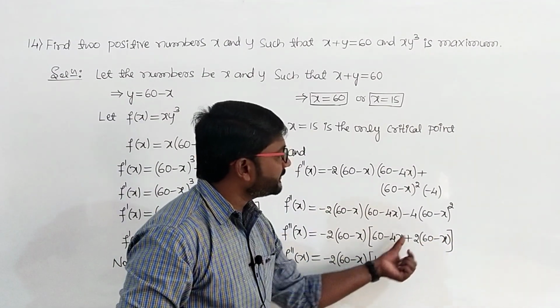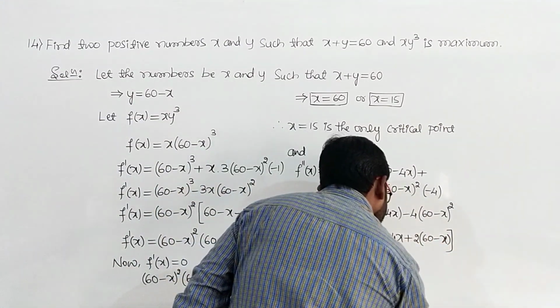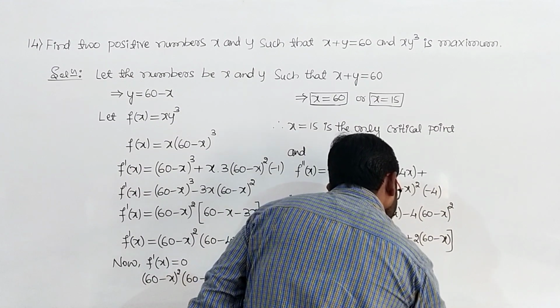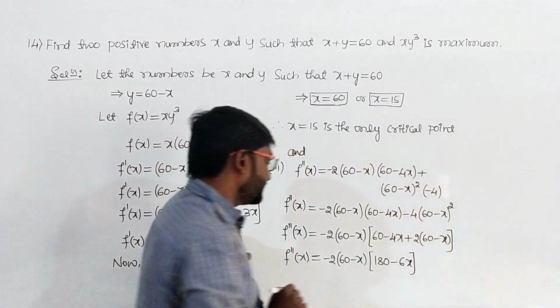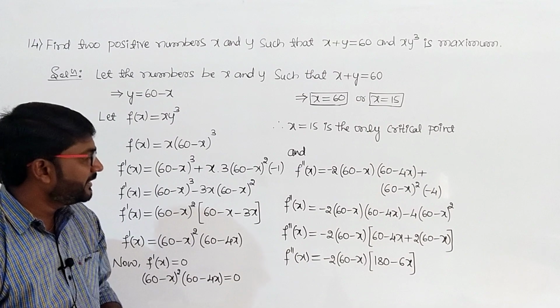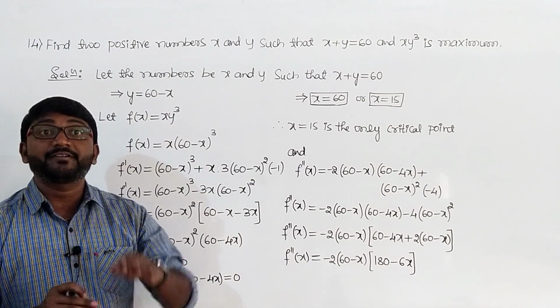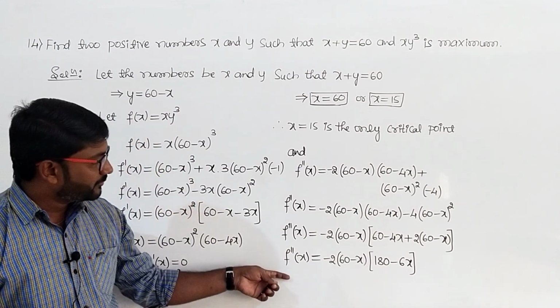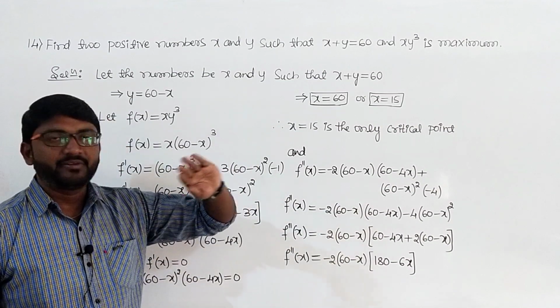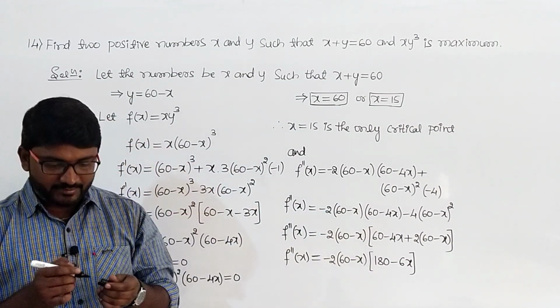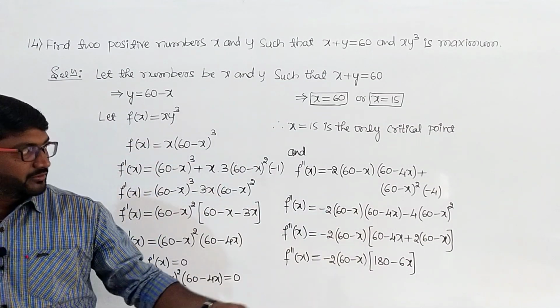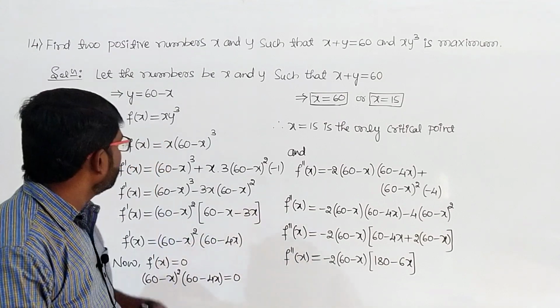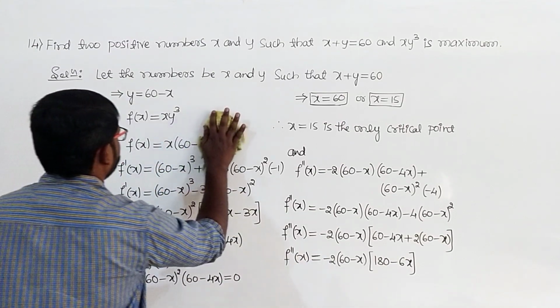So minus 4x minus 2x will be minus 6x. This is our f double dash of x. And now we will have to go for f double dash of 15. By the second derivative test, we get to know whether it is a point of local maxima or local minima.